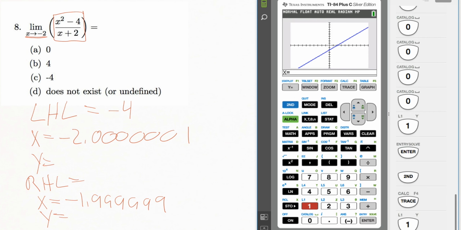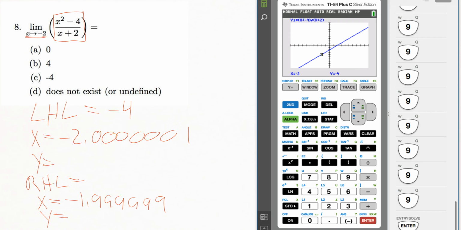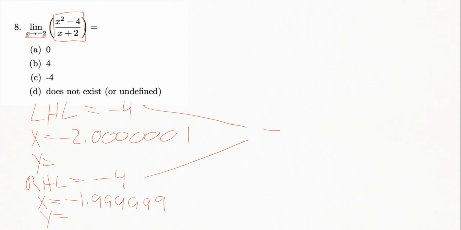This time our value is going to be negative 1.999999999, some number that's really, really close to negative 2, just to the right of it. And we get out again y equals negative 4. So my left-hand limit equaled negative 4, my right-hand limit equals negative 4, and so my overall limit is going to equal the same thing, negative 4.